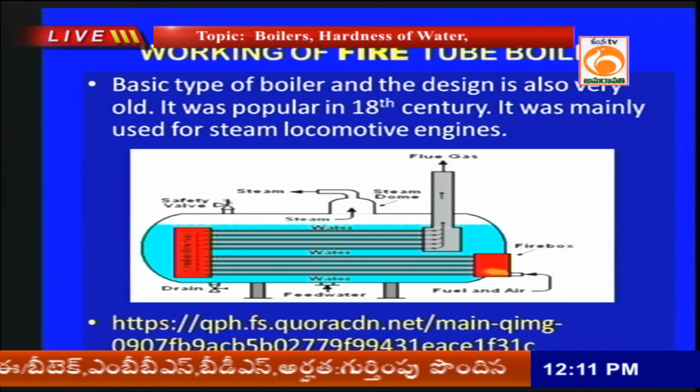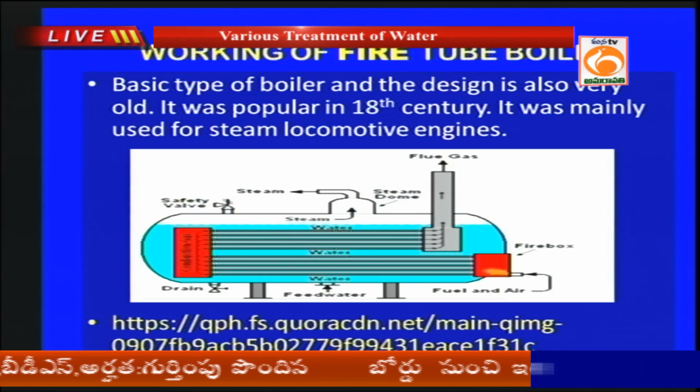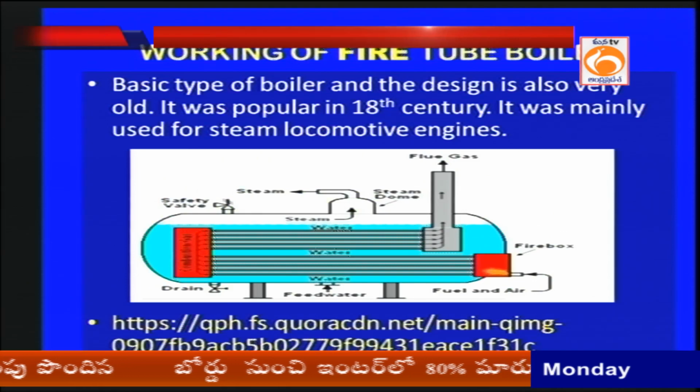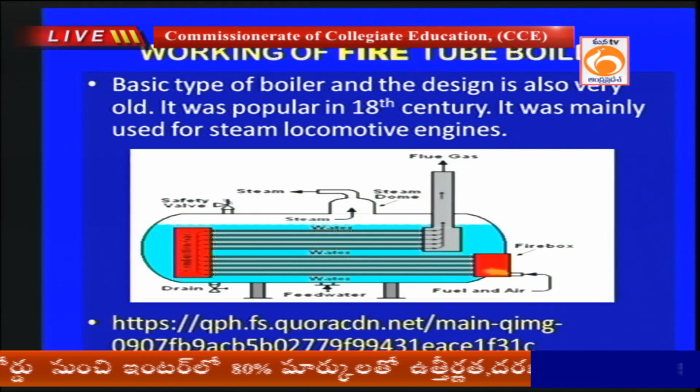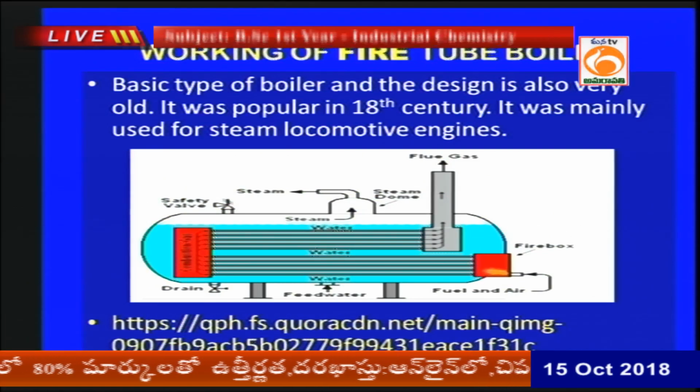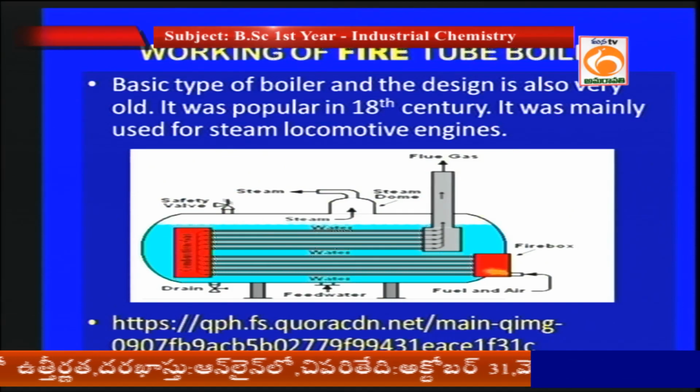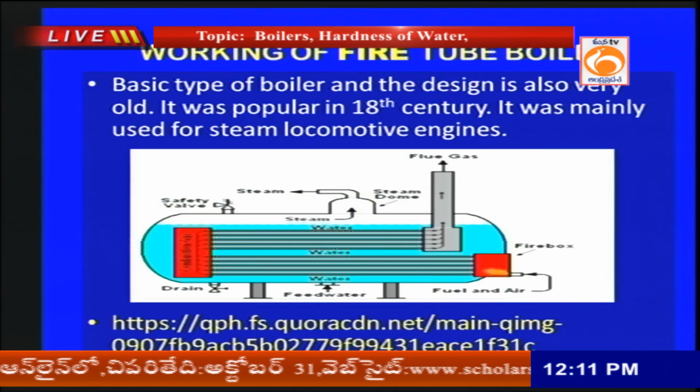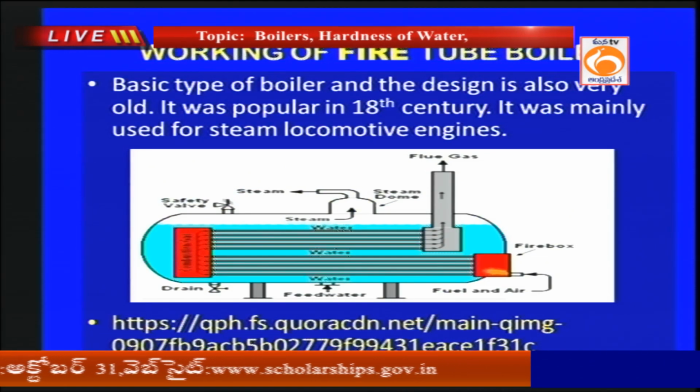Next, another one, the fire tube boiler. Here the red part is shown in the figure. The fire, or hot gases, are passed through the pipes, and around them water is present.